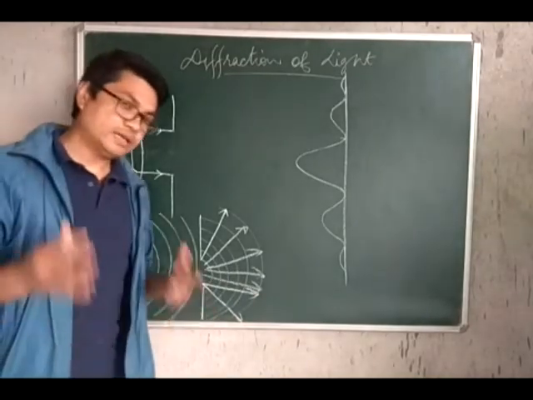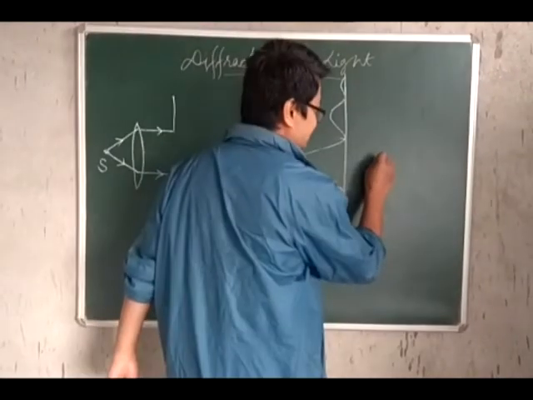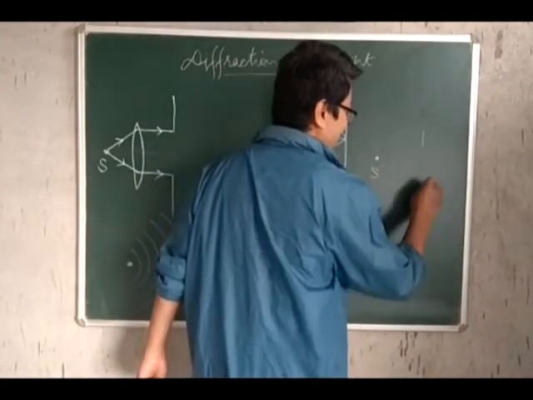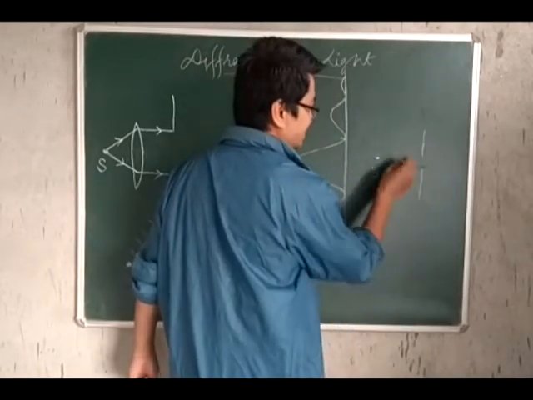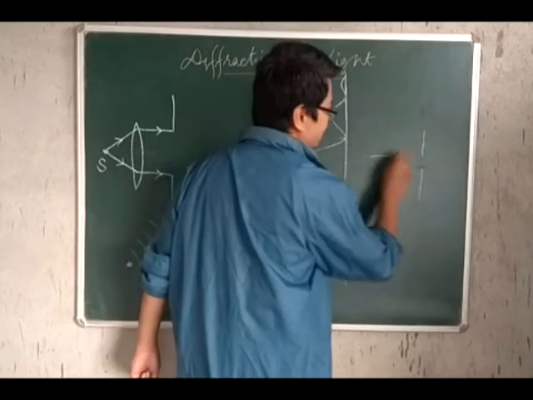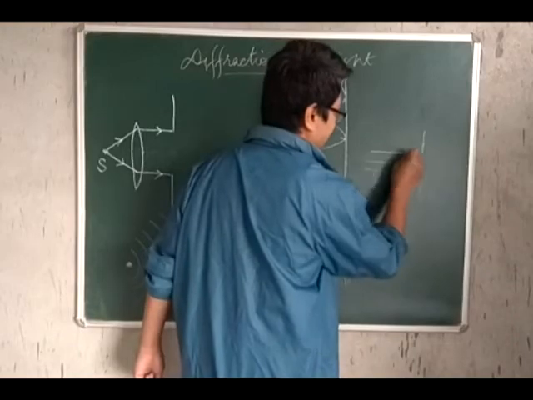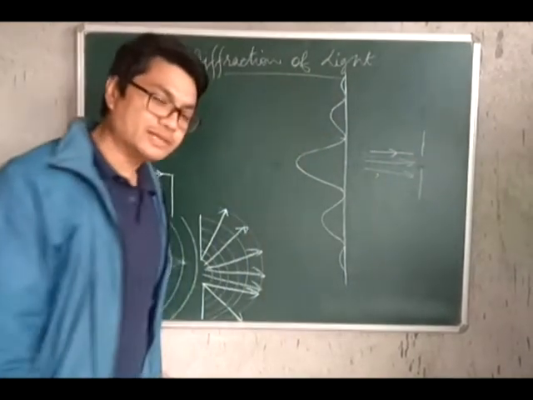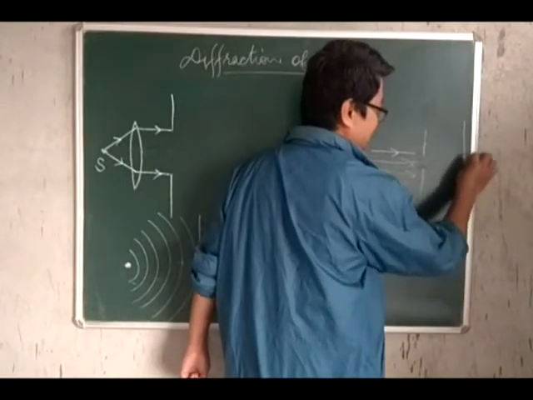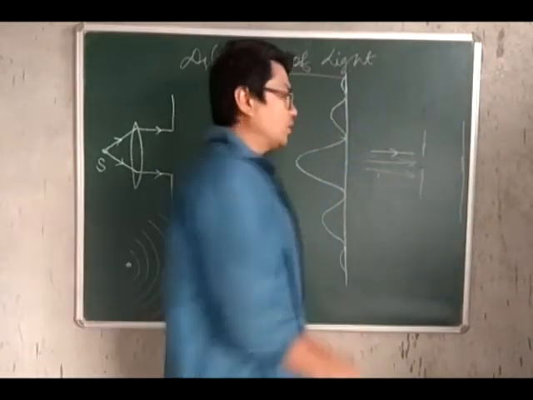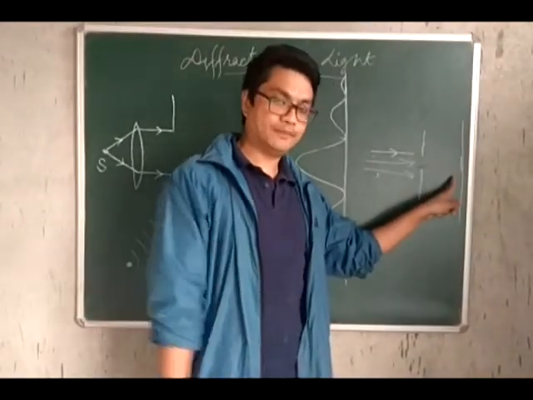Now if it is a source of light and we have a small opening in front of it, what do we expect? If parallel rays of light are coming and hitting the slit, and we have a screen, we expect only the portion of the screen right in front of the slit to become bright.